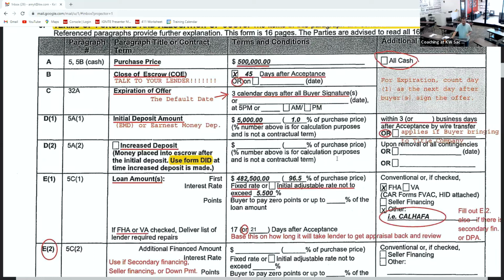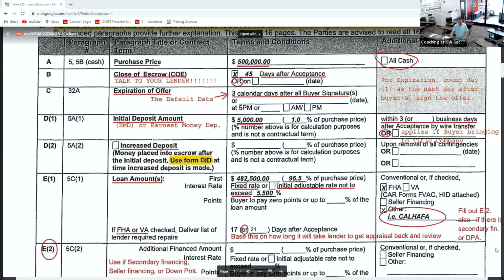And one word of caution here. It used to be that it was common practice for the buyer's agent to have the buyer write them a check payable to XYZ title company. And if the offer was accepted, the buyer's agent would then get that check over to the title company.